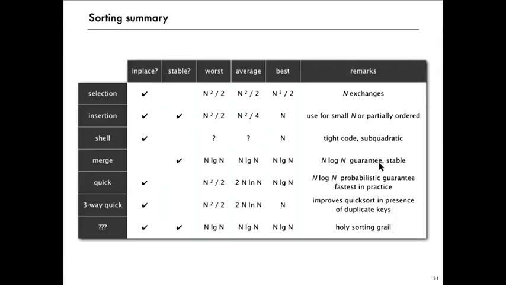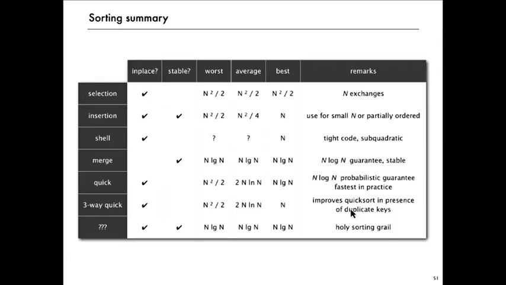Merge sort: n log n guarantee and stable, but not in place. Need that auxiliary array. Quicksort: not stable. Quadratic time worst case, but that's unlikely to occur if you do the random shuffling. And it's the fastest and most useful in practice, particularly if you make improvements to deal with duplicate keys.